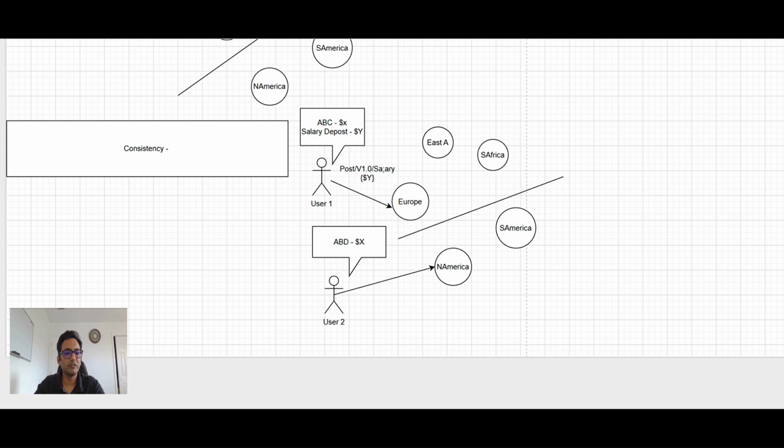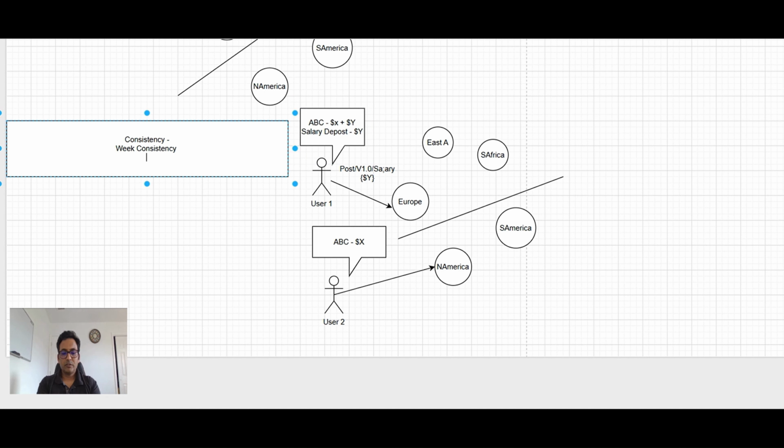But due to the partition, this information never reaches the North America or South America servers. Now at this location the user sees the account balance is still $X, while at this location the amount is $X plus $Y. The information is not consistent here, and this is what we call weak consistency.